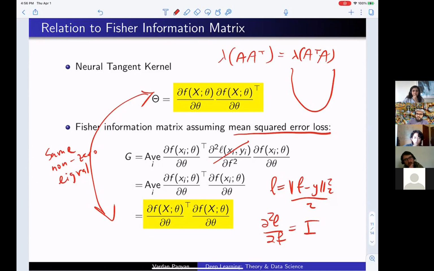What do we know about the spectrum of the NTK? I don't think anyone actually measured it. So you are going to measure it in the homework, and you will be able to answer your question. But a reasonable guess would be that the spectrum of the NTK is equal to the spectrum of the Fisher information. In previous lectures, we discussed the spectrum of the Fisher information, that it has a bulk and outlier structure, right?